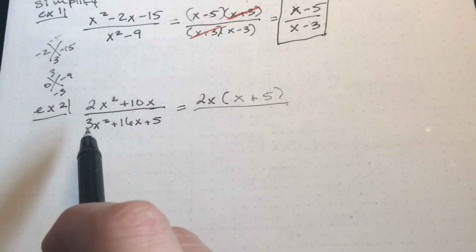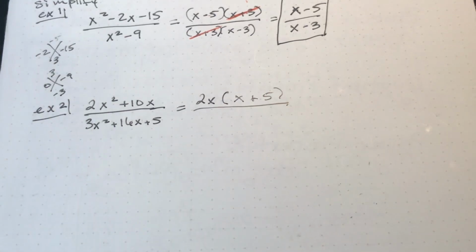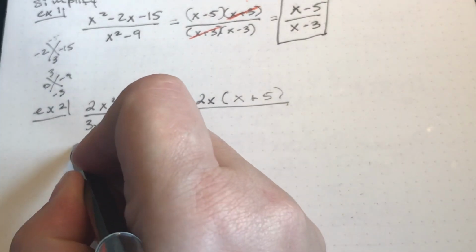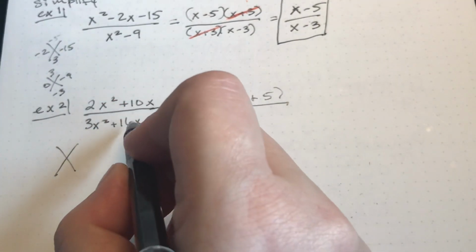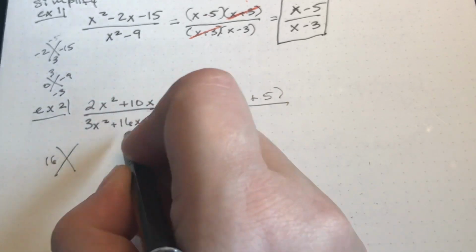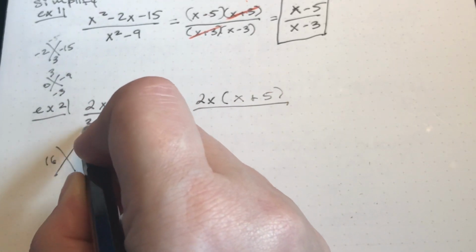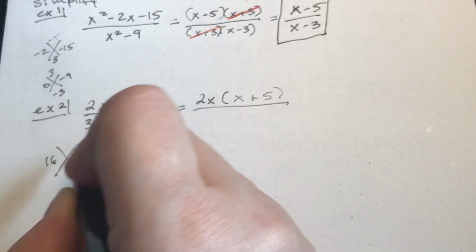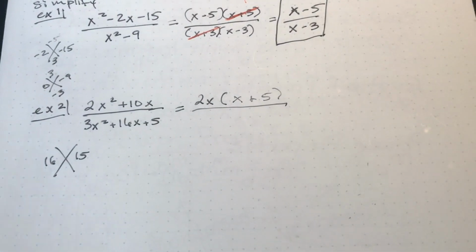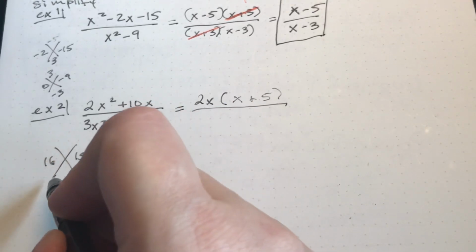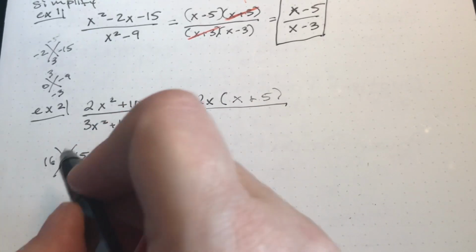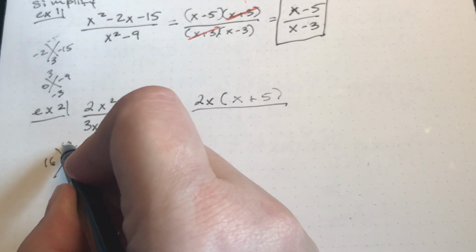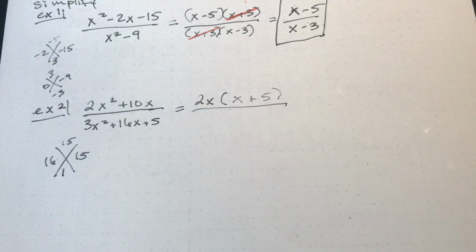In the denominator, I'm going to factor, and I can use my diamond. So I have 16, and then remember, because this is not 1, this is a 3, I have to multiply these together. So this is 15. And then two numbers that multiply to make 15 and add to make 16 would be 15 and 1.